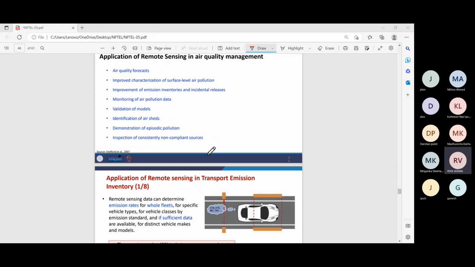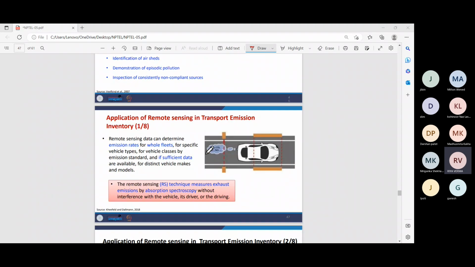For example, one of the applications is in the transport emission inventory. The remote sensing data can determine the emission rates for whole fleets. What is a fleet? A fleet is basically n number of vehicles moving in a single line. So for the whole fleet, the remote sensing data can determine the emission rates for specific vehicle types and for vehicle classes by emission standards.